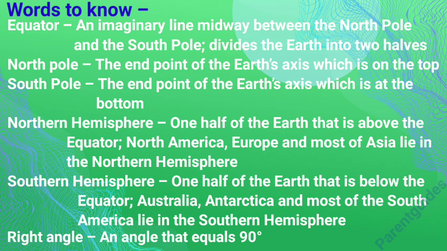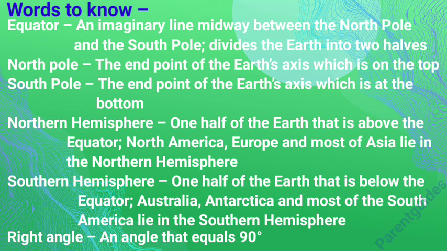Words to know. Equator. An imaginary line midway between the North Pole and the South Pole. Divides the Earth into two halves. North Pole. The end point of the Earth's axis which is on the top. South Pole. The end point of the Earth's axis which is at the bottom. Northern Hemisphere.